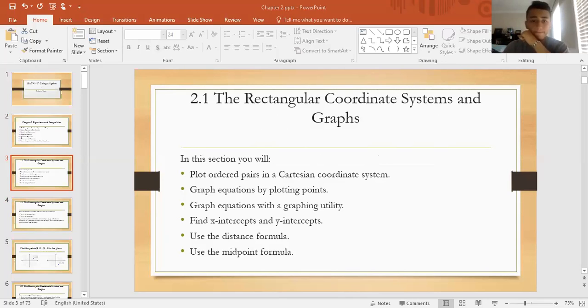So a rectangular coordinate system actually is when you have a graph. When you have a graph, you have an x-axis and a y-axis. So when you have x-axis and y-axis, we call it a rectangular coordinate system. We are going to see some examples here. Let me change this to a whiteboard.